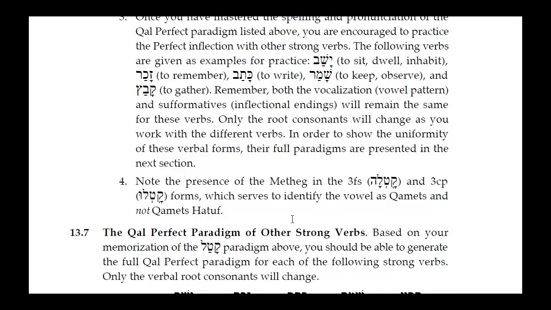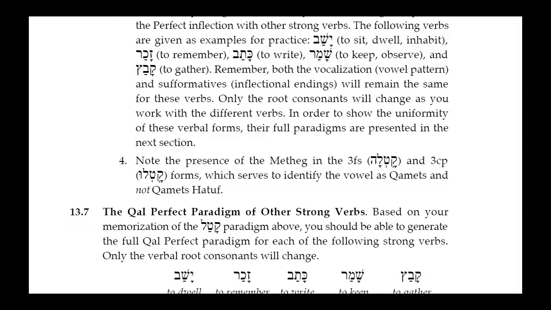Notice that in katela, in the third feminine singular, you have the vertical mark here called a metheg. This little vertical mark to the left of the qamets is telling you that it is a long A qamets and not a qamets chatuf. That's a long A vowel and not a short O. And you'll see that a lot of times just to indicate that for you.